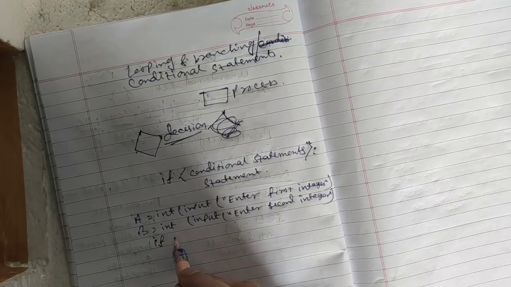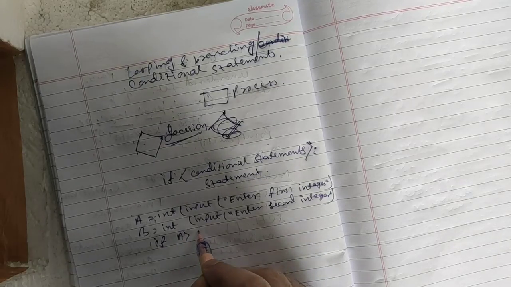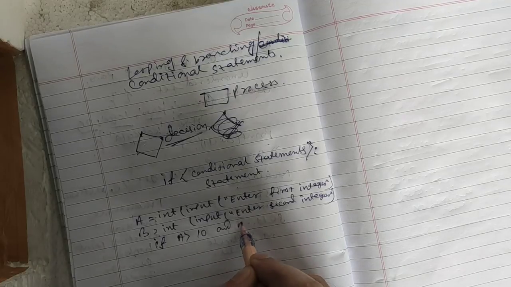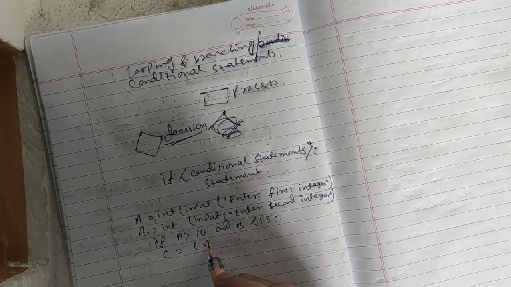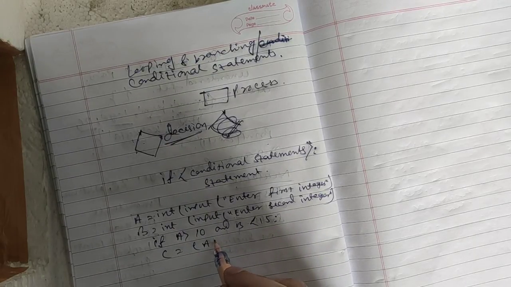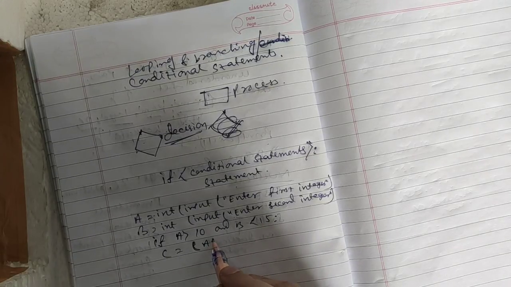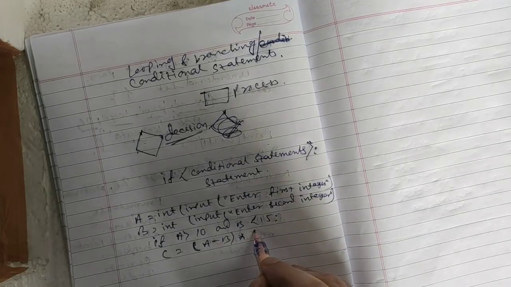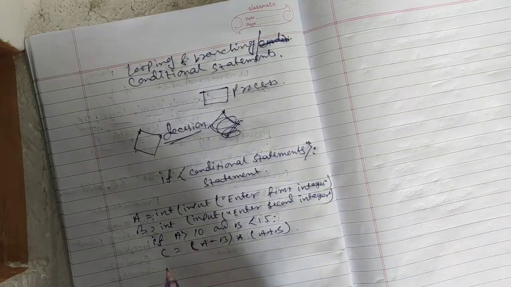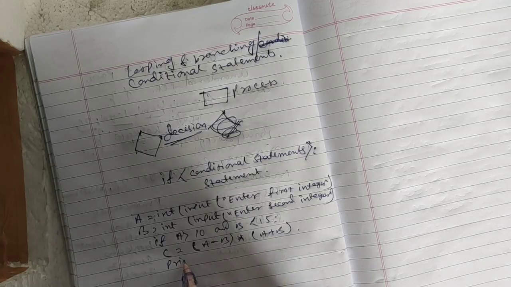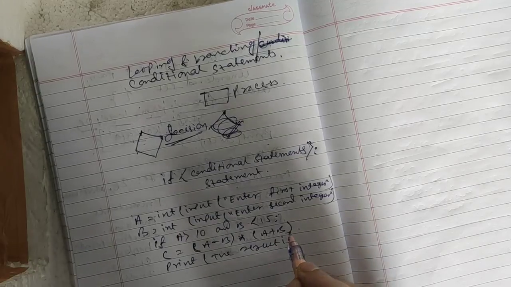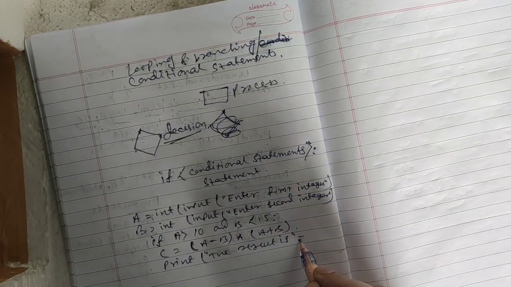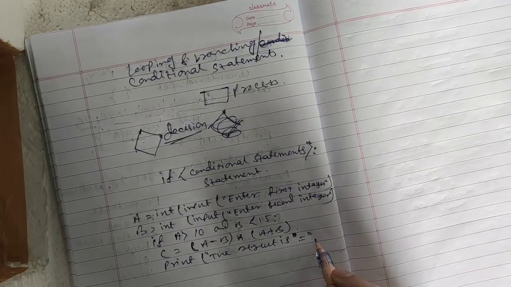Next, if a greater than 10 and b is less than 15, the condition is given, then c equal to (a minus b) multiplied by (a plus b), print("The result is", c).